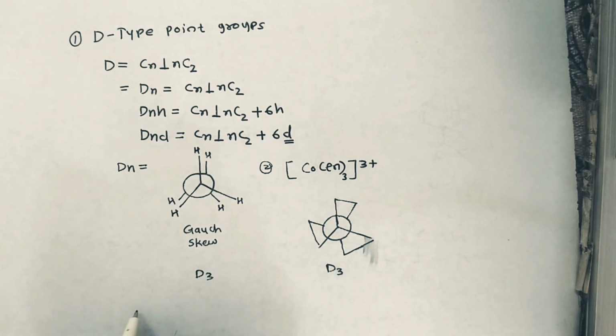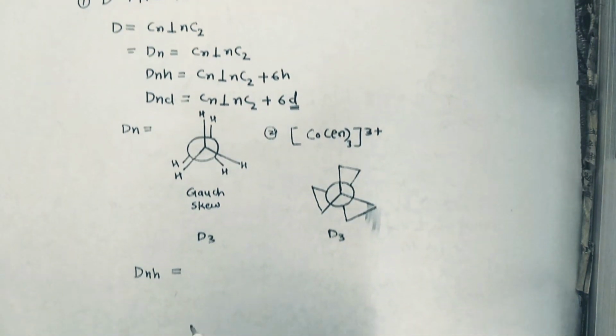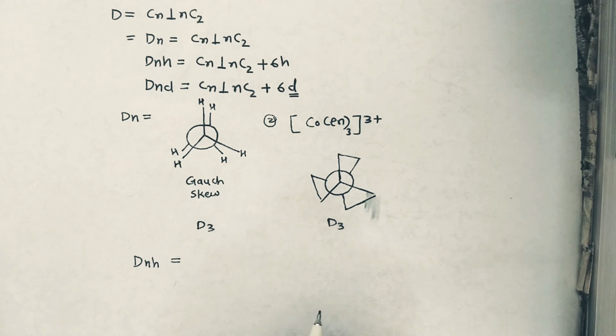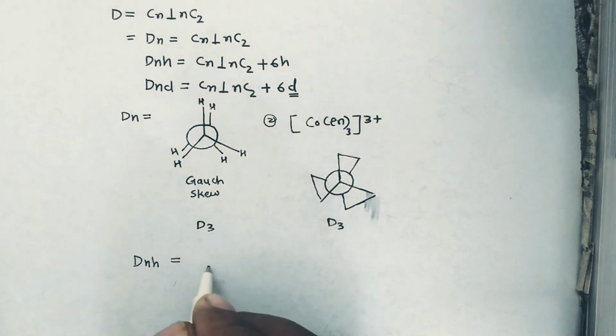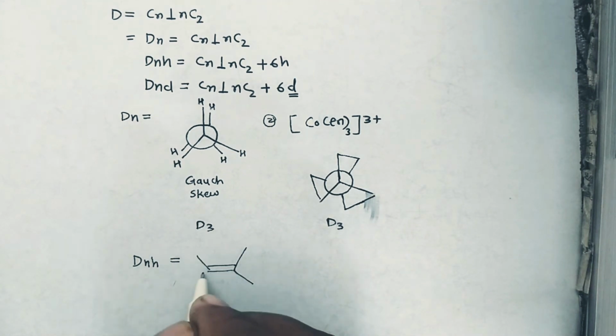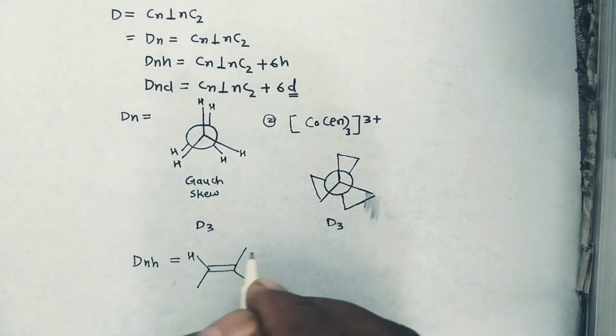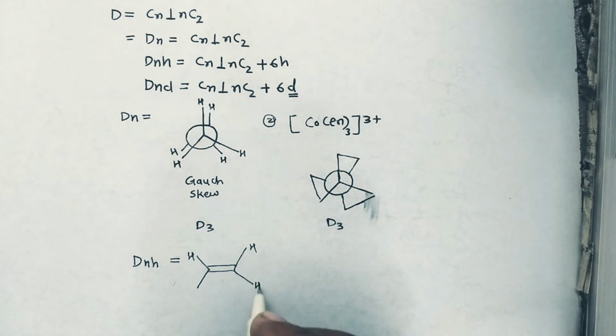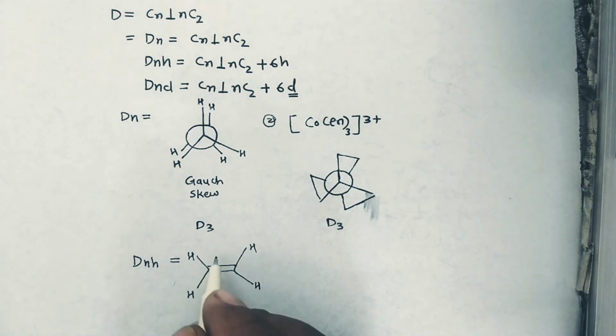Now the second type is Dnh. It contains one horizontal plane. For example, ethylene. It has a C2 axis and two perpendicular C2 axes also.